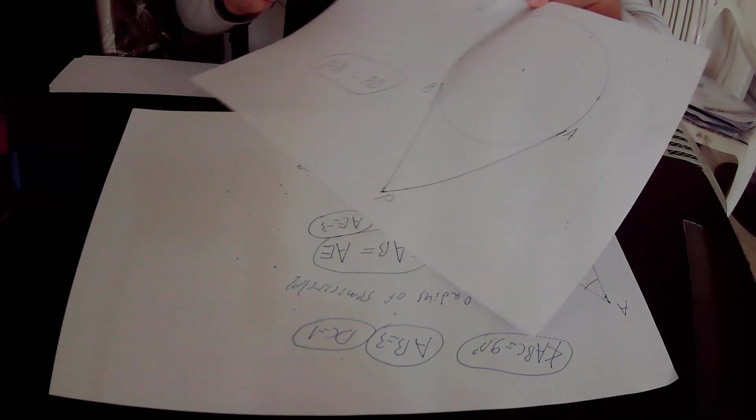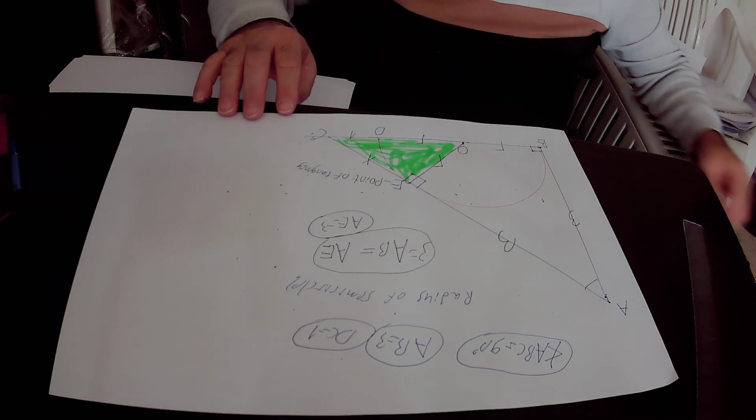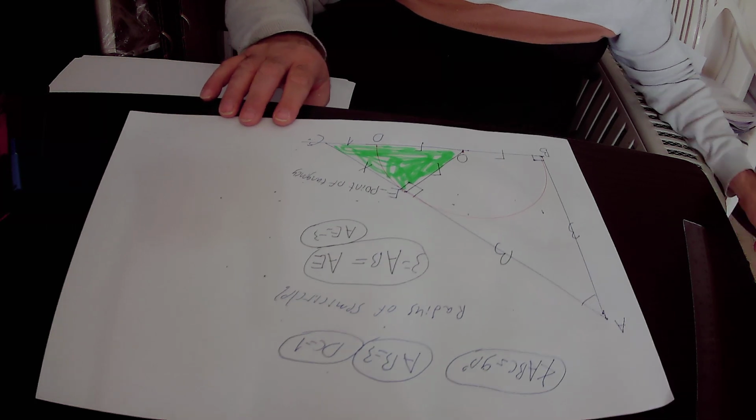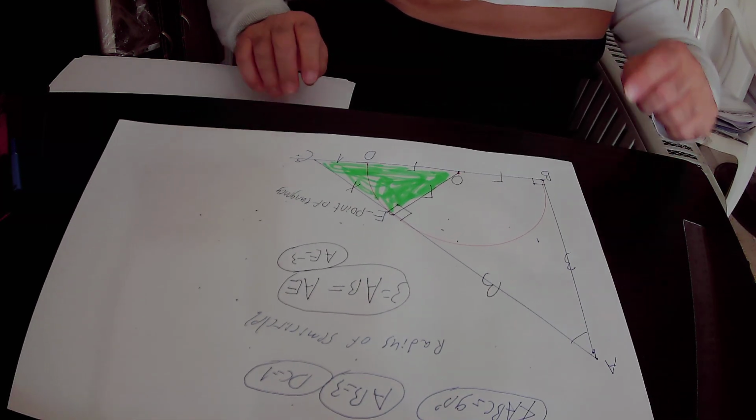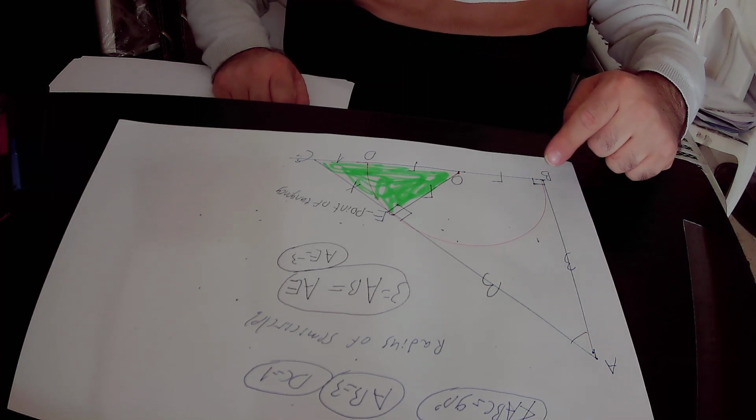And we can implement the two tangents theorem in our drawing, because here we have the external point A, and from A we have two tangents to this right semicircle.